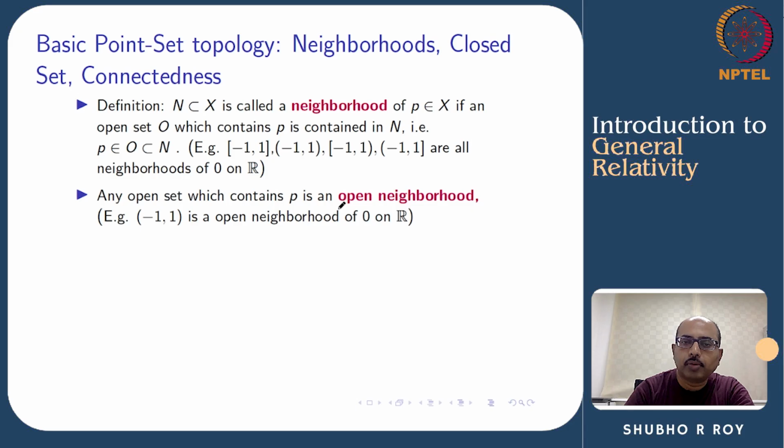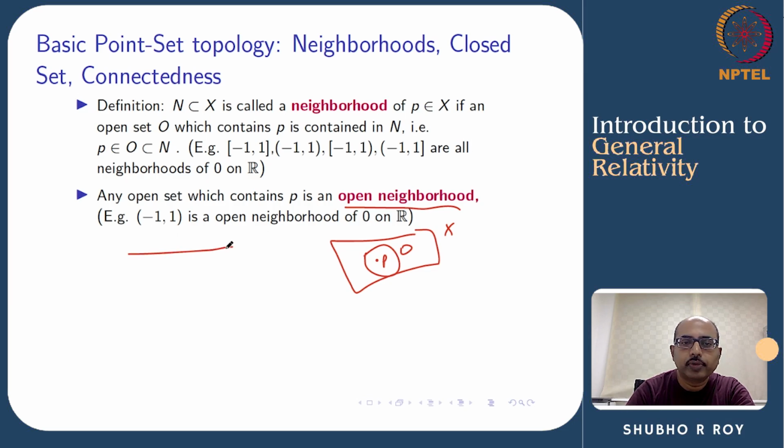What in math we prefer is something called an open neighborhood, which is defined to be any open set which contains P. So any open set O which contains P is declared to be a neighborhood of the point P. This is the larger space X. An example I've given here is that the open interval (-1, 1) is a neighborhood of the origin.